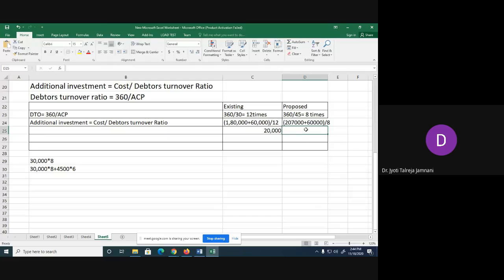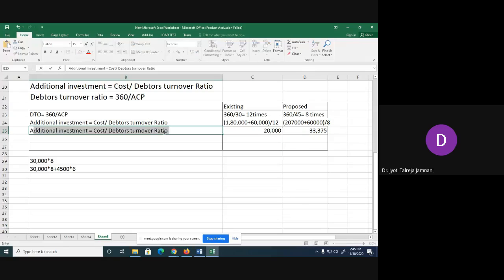So 2,07,000 plus 60,000 is 2,67,000. Divided by 8, you will get 33,375. So this is your additional investment. Any doubts?